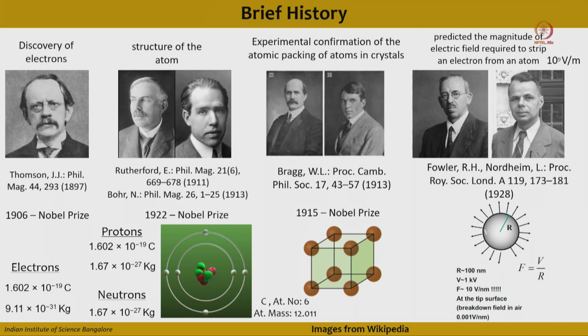This electric field requires a huge voltage application, around 10 raised to the power 9 volts per meter, such that because of the magnitude of the electric field generated, we can strip the electron out of an atom. This was the first time they predicted the magnitude.